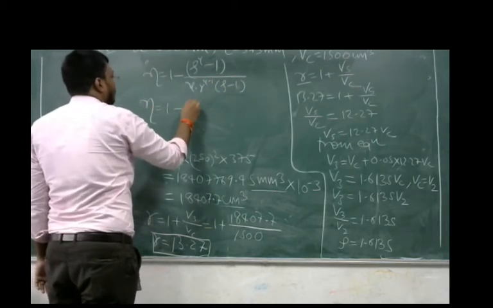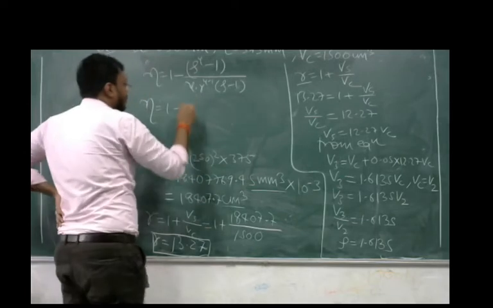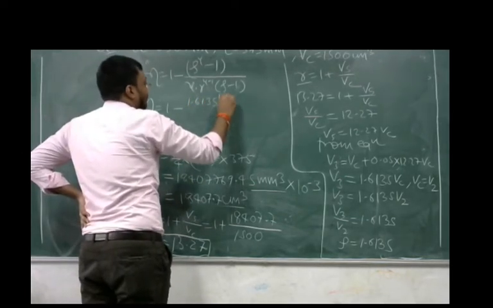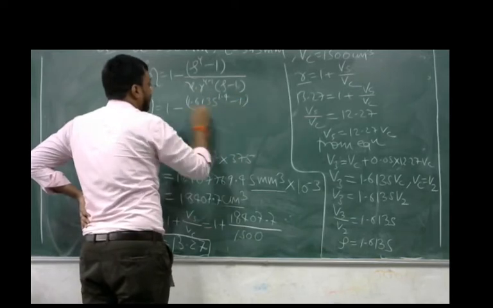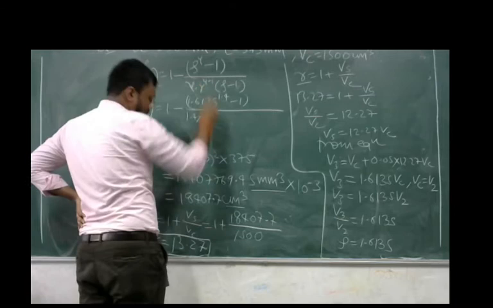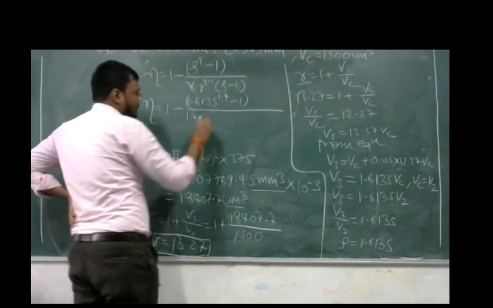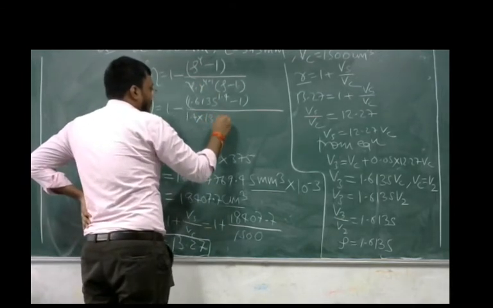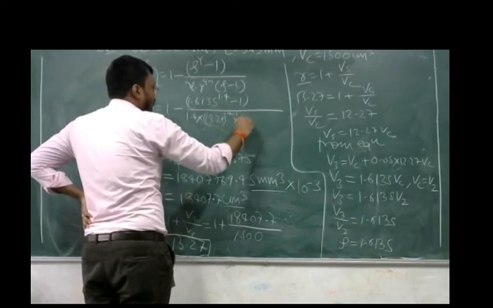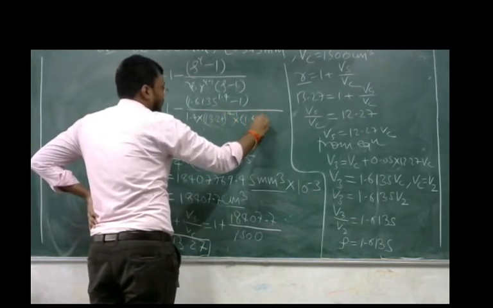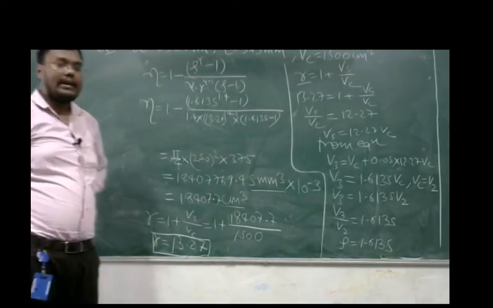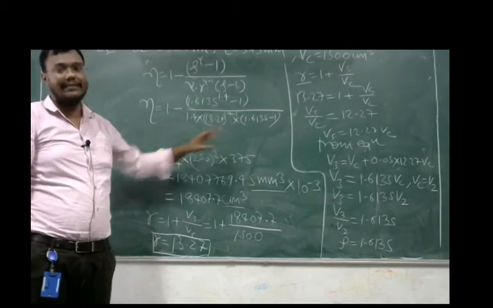1 minus rho means 1.6135 to the power 1.4 minus 1, divided by gamma means 1.4 into r, which is 13.27 to the power 1.4 minus 1, into 1.6135 minus 1. So again you have to calculate this value with the help of a scientific calculator.